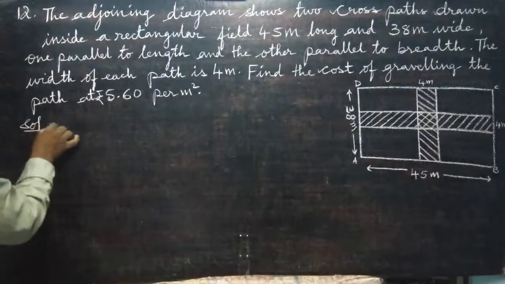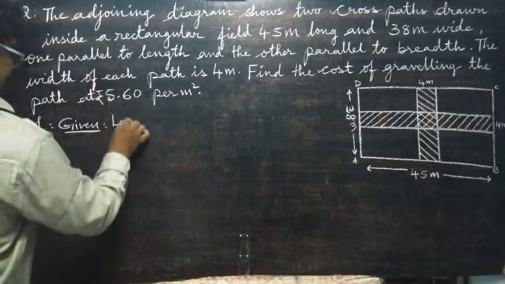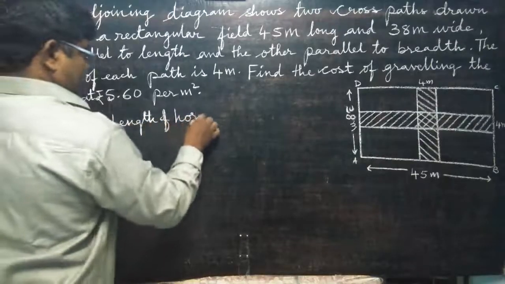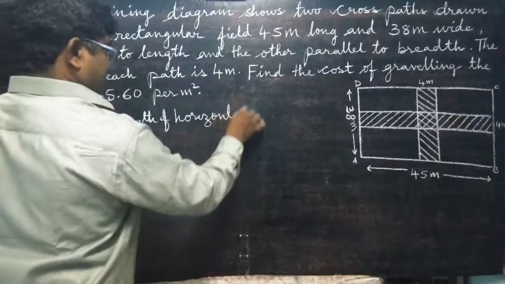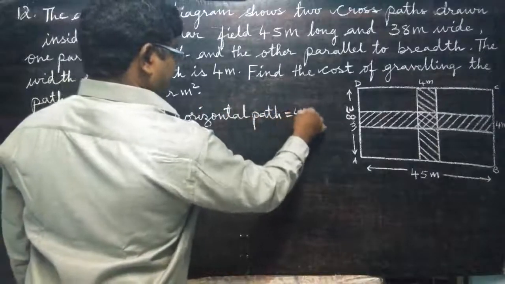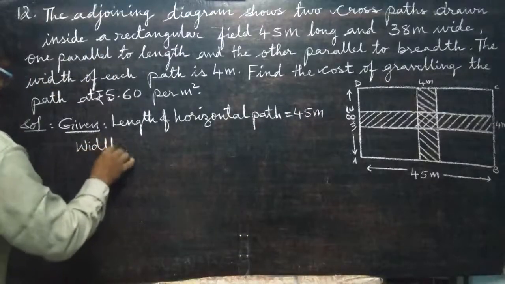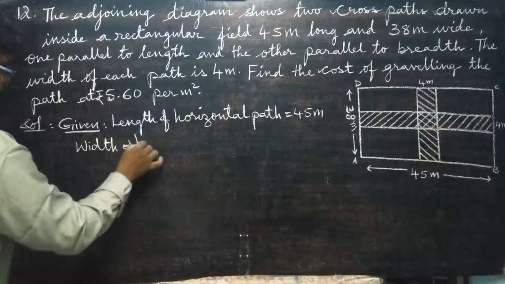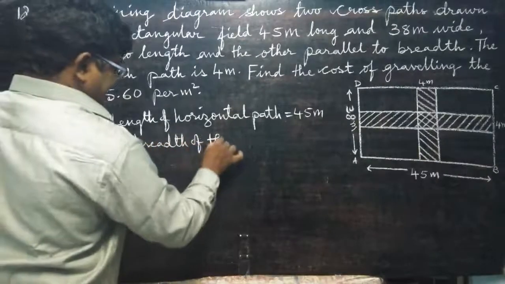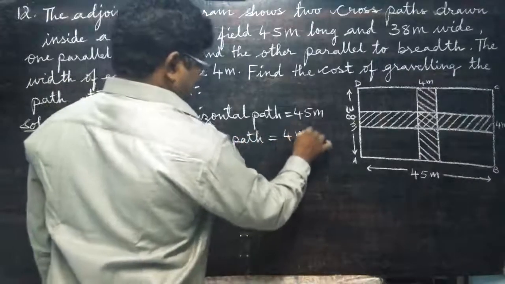Solution given. Length of horizontal path, what is the length? 45 meters. Width or breadth of the path is equal to 4 meters.